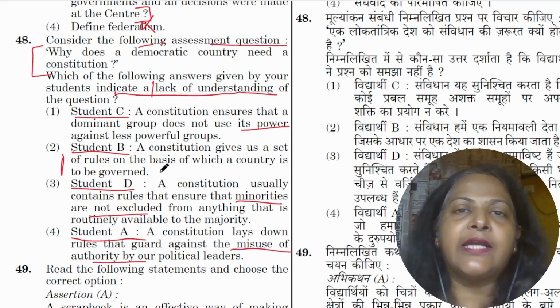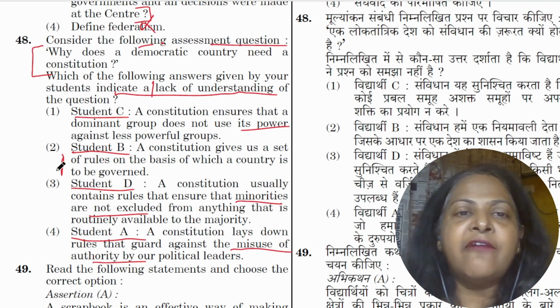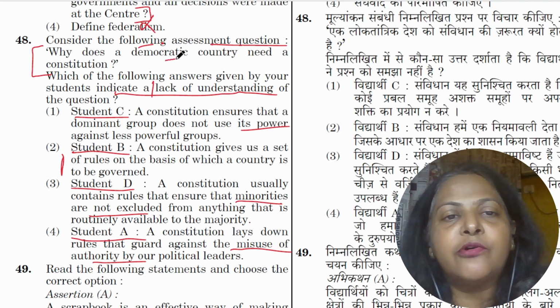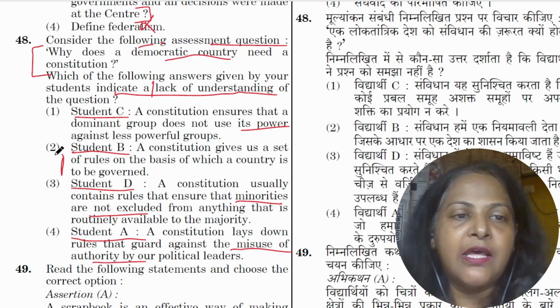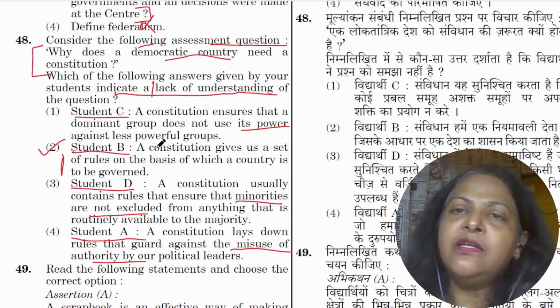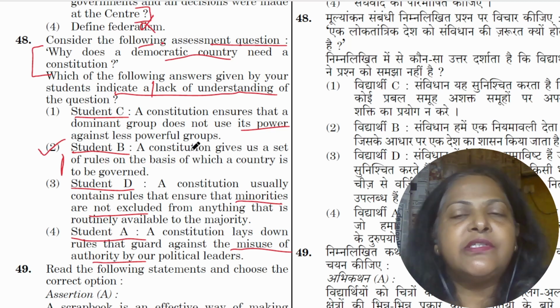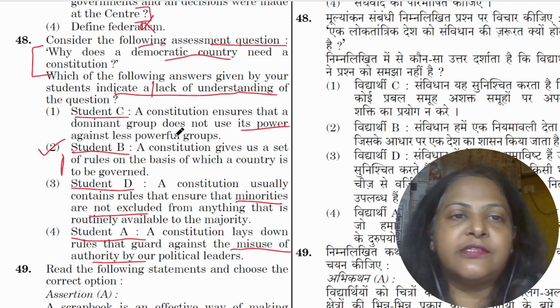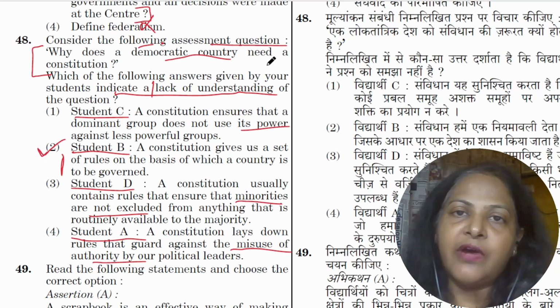So if you look at the options of C, D and A, they have not only understood why a democratic country needs a constitution, but also how it affects. But student B has only given a textbook answer of what a constitution is. It's a set of rules by which a country is governed. Why we need it has not really been answered. So this is the correct answer, because student B is showing lack of understanding.